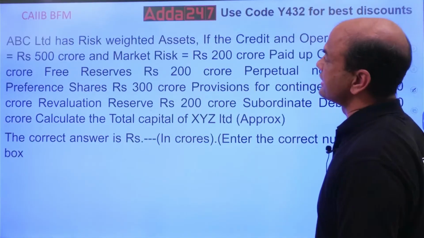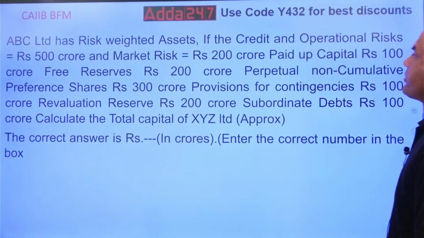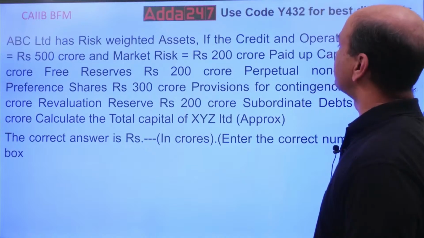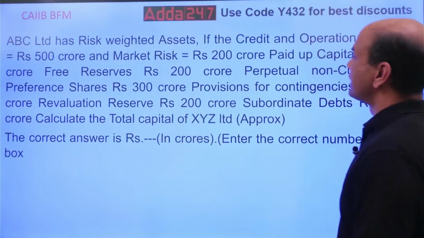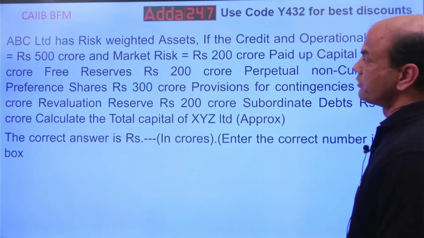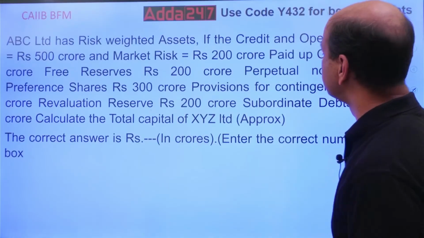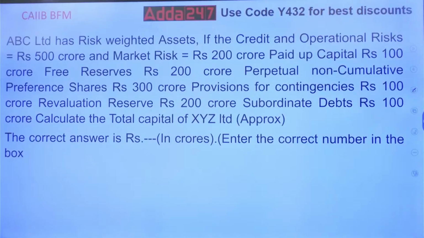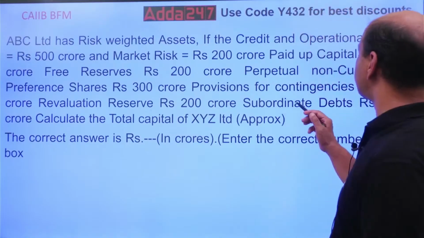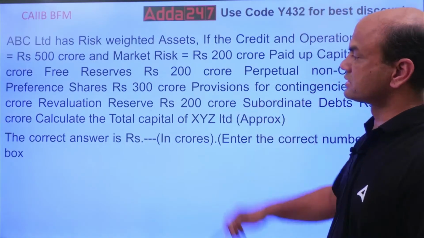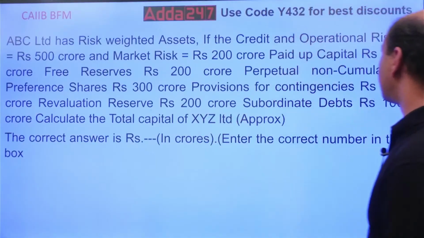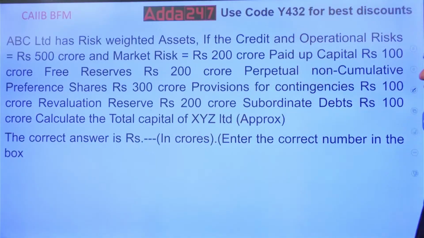ABC Limited has risk-weighted assets. If the credit and operational risks are 500 crores, market risk is 200 crores, paid up capital is 100 crores, free reserve is 200 crores, PNCP, perpetual non-cumulative preference share, is 300 crores, provisions for contingencies is 100 crores, revaluation reserves are 200 crores, subordinate debts are 100 crores.